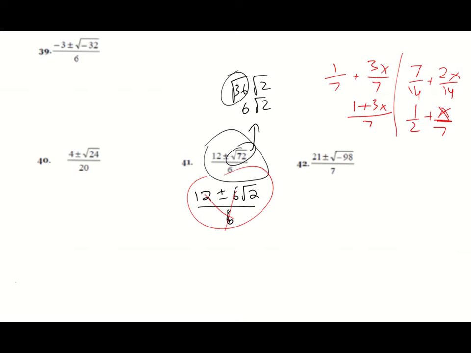These guys, over here, our original problem. The 12 and the 6 and the 6 and the 6 have the same factors. We could split it up and say that's 12 sixths plus or minus 6 root 2 over 6, and then reduce the whole numbers as we can. So this would be 2 plus or minus, and then 6 and 6 is just going to cancel. You get the square root of 2. You could think of it that way.